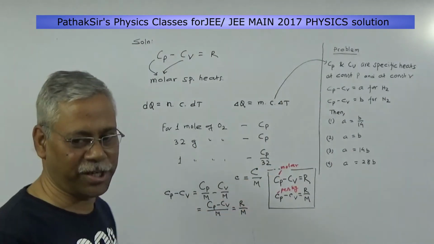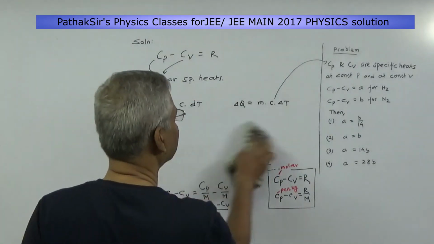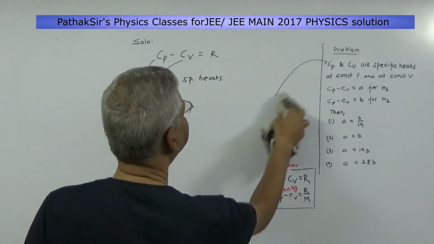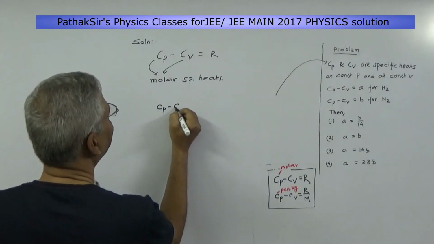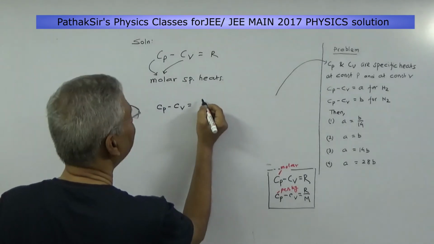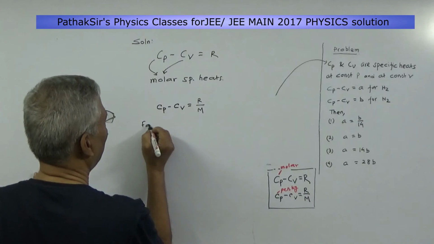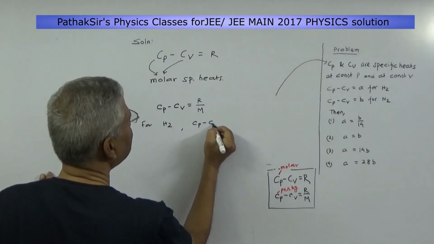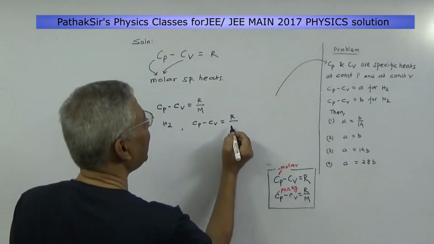Now I'll answer the question. Small Cp minus small Cv equal to capital R by m. For hydrogen, small Cp minus small Cv equals R by how much is m?